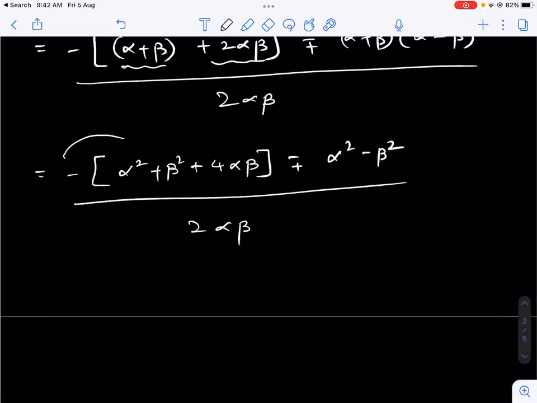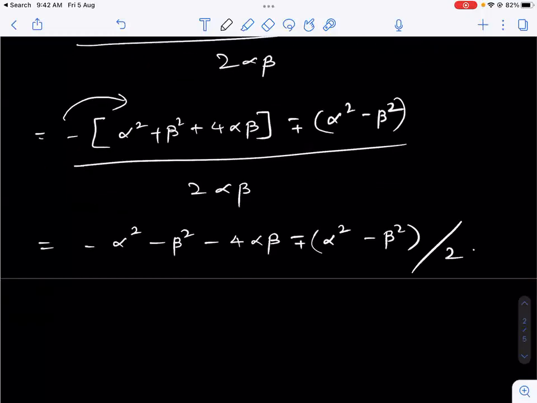Now put this minus sign across each term. Minus alpha square minus beta square minus 4 alpha beta, minus or plus (alpha square minus beta square) within a bracket, the whole divided by 2 alpha beta.